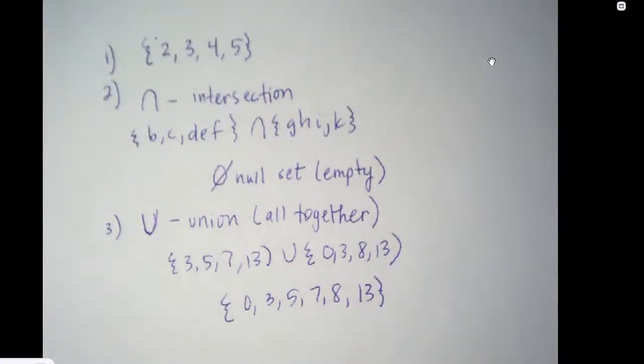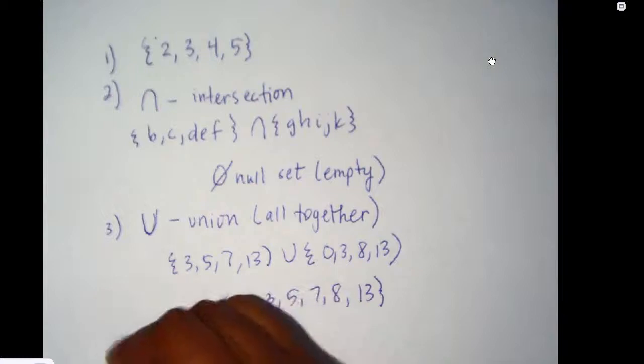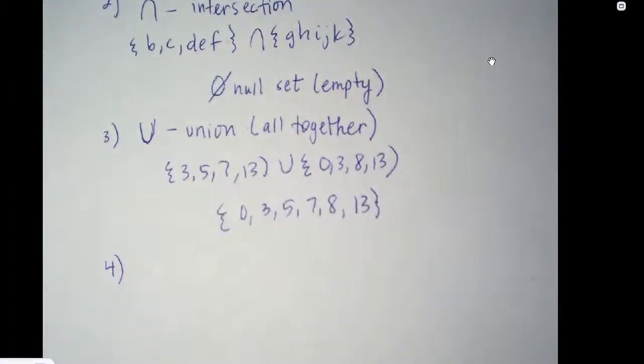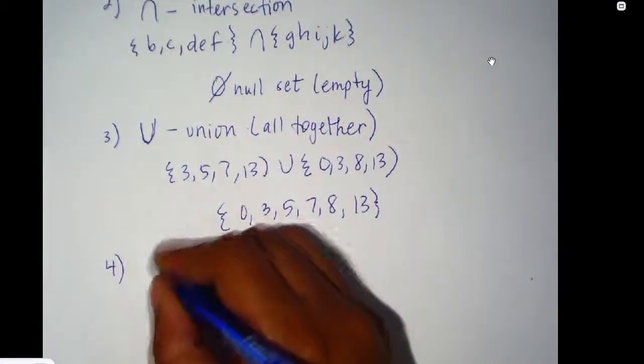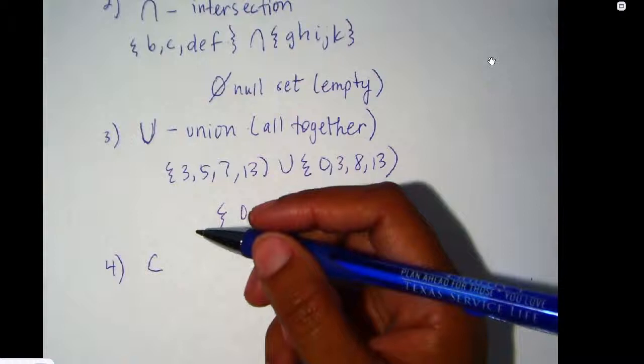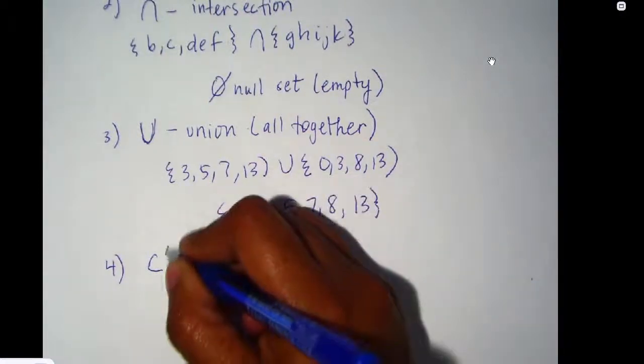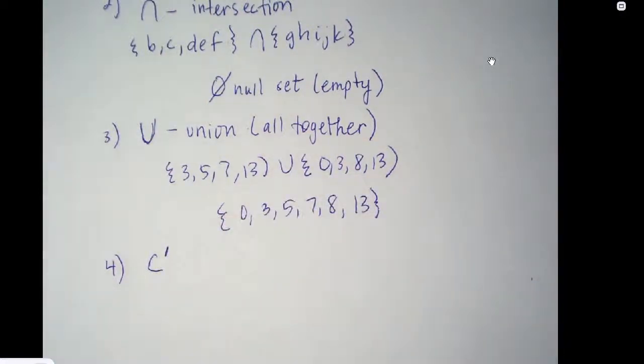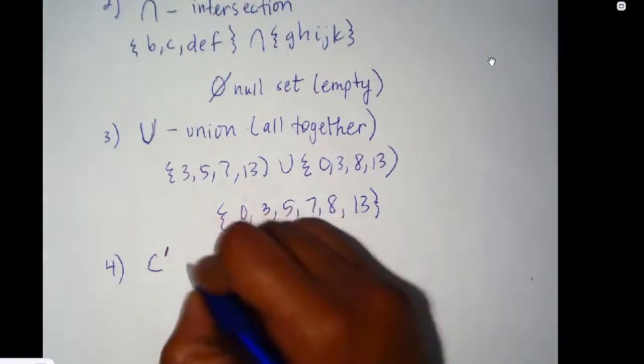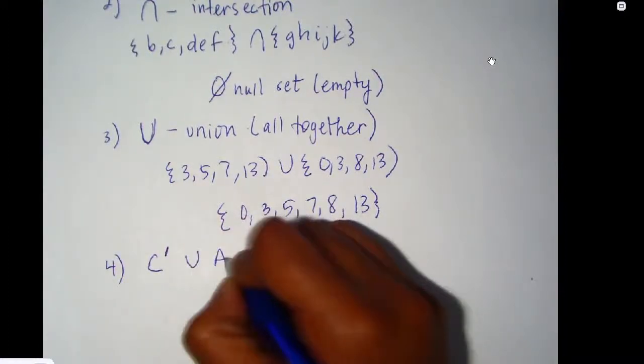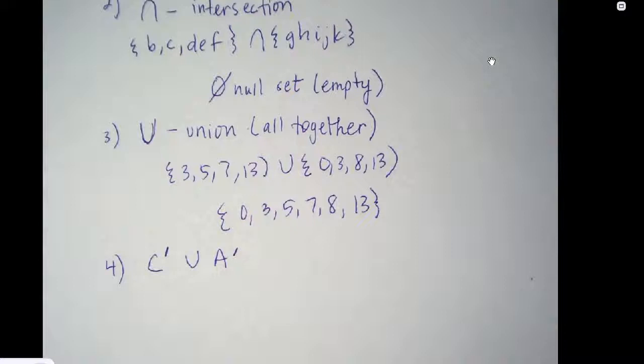Okay, that's pretty straightforward. All right, now let's talk about these that gave some people problems. Number 4. This particular problem is where we put our conjugate. Oh, no, it wasn't called conjugate. It was called complement, I'm sorry. So with C apostrophe, we want to union it with A apostrophe, the complement.